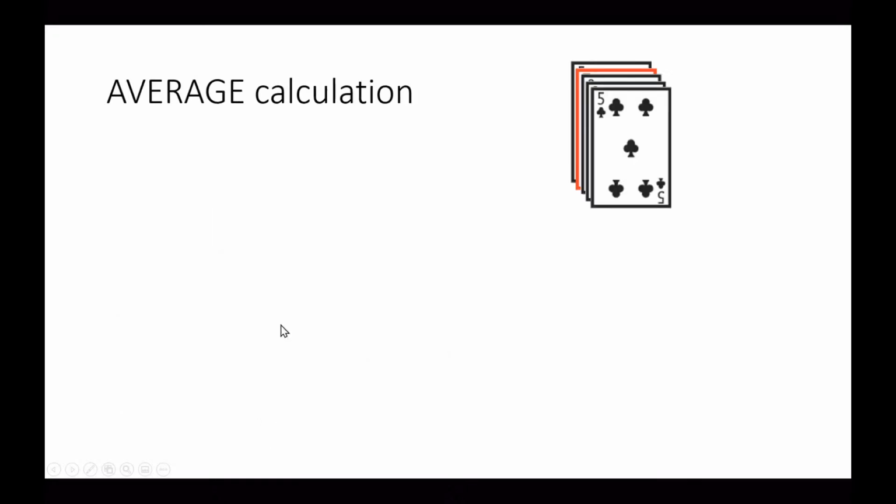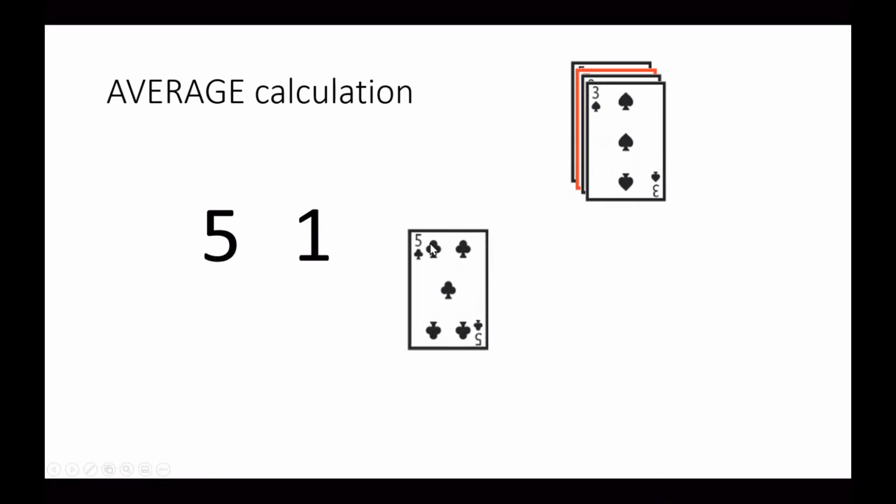Now, the average calculation is slightly different to the sum and the max calculation. What we need to do here is, like sum, allocate a piece of memory to keep track of the incrementing value, but we're also going to have a second value that we increment to keep count of the number of cards.